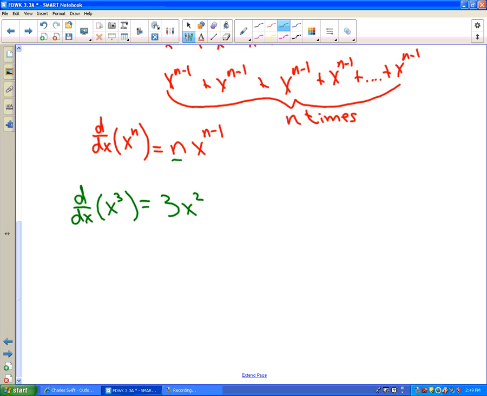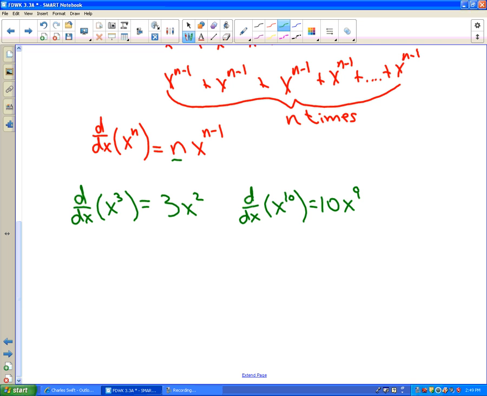So 3x squared is the derivative of x cubed. If we were taking the derivative, the d dx means to take the derivative of, say, x to the 10th, the derivative there would be 10x to the 9th. So this power rule is a very big rule for us. It lets us take the derivative of powers of x.